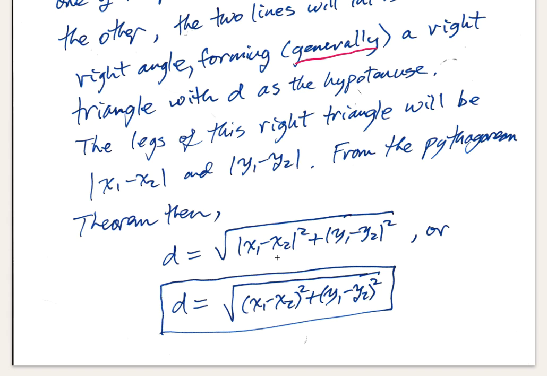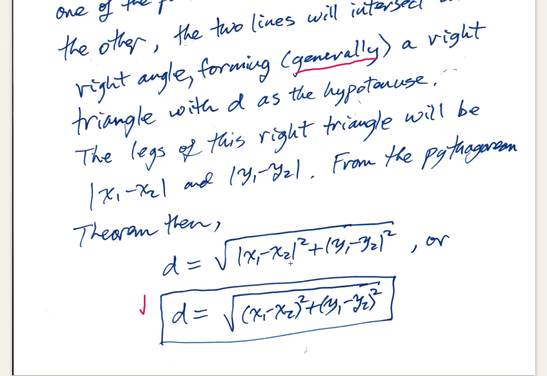Now, taking the absolute value and squaring it is going to be exactly the same as just squaring the difference. So you see in my final boxed answer here, D is the square root of the change in x squared plus the change in y squared. I dropped the absolute value signs there because they end up being superfluous once I'm squaring.